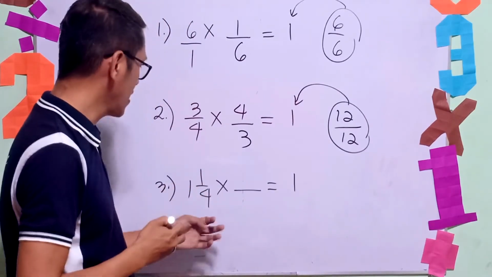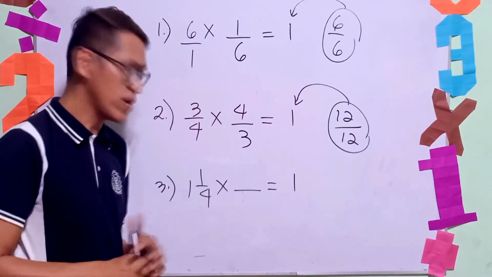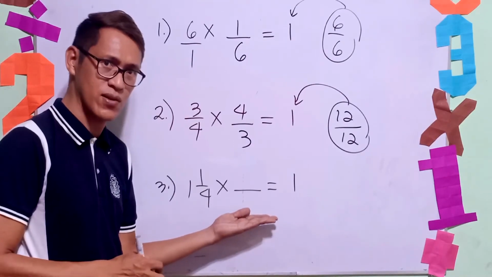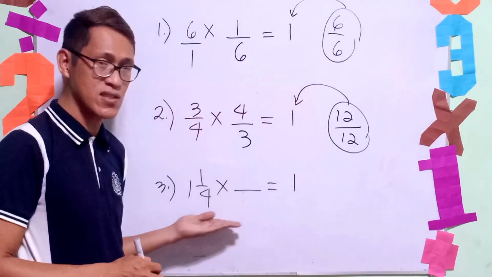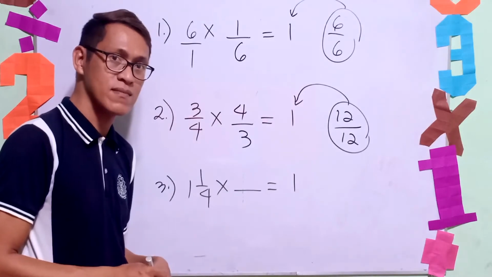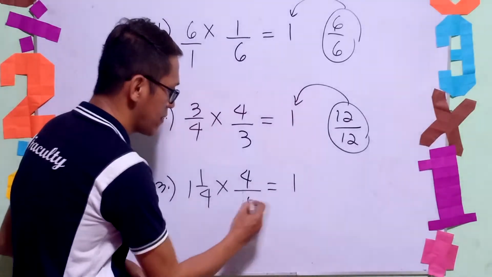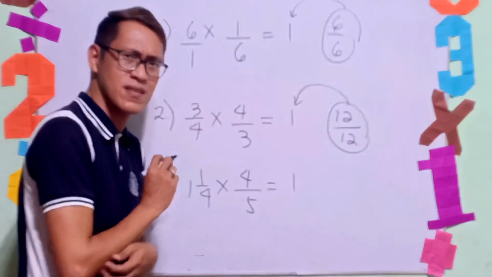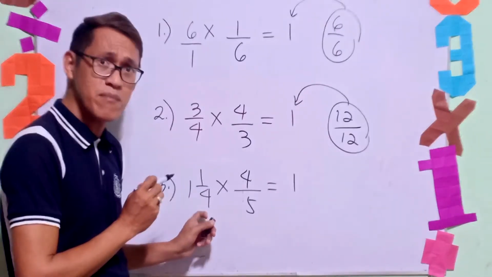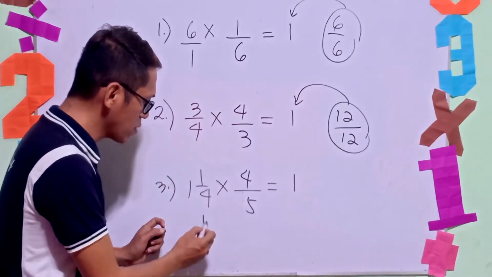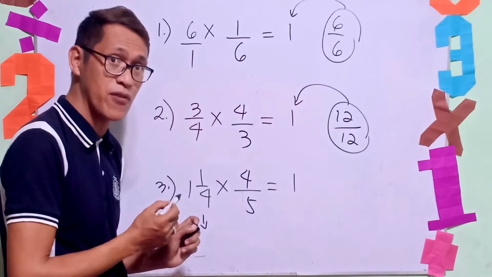What about the last number here? What do you think is the missing factor? When you multiply these two, the product is 1. Yes, that's 4/5. How to get 4/5? Okay, since this is a mixed number, you need to change this to an improper fraction.